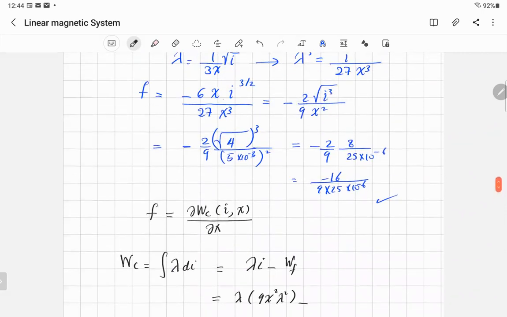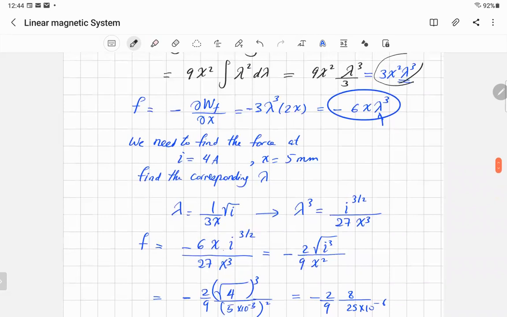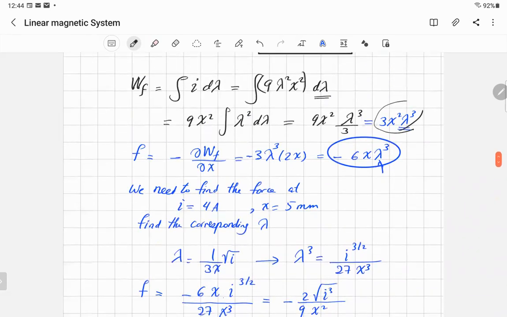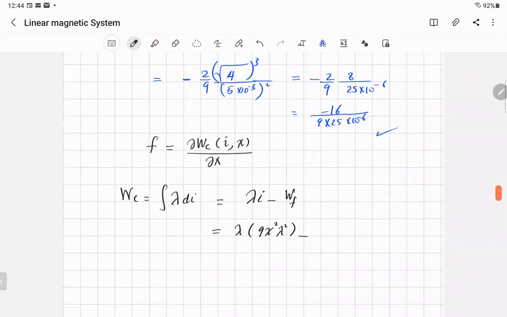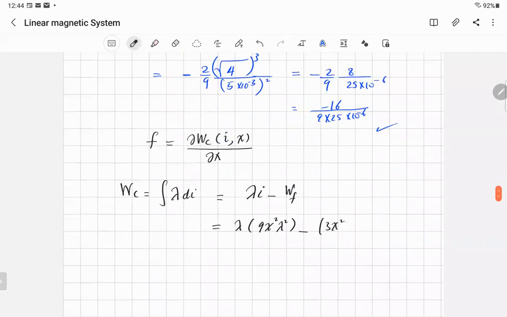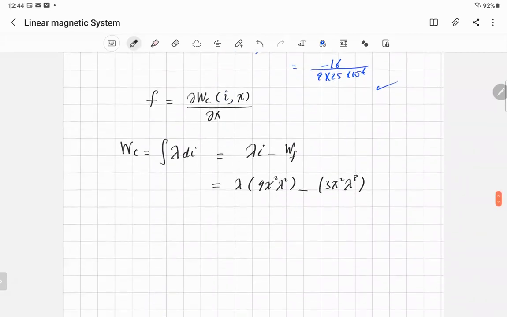WF, we got it here: 3x squared lambda cubed. You simplify, 9x squared lambda cubed minus 3x squared lambda cubed is equal to 6x squared lambda cubed. That will be the WC.